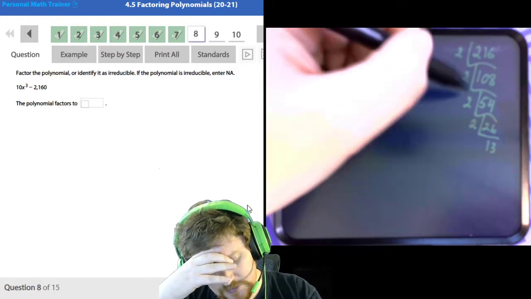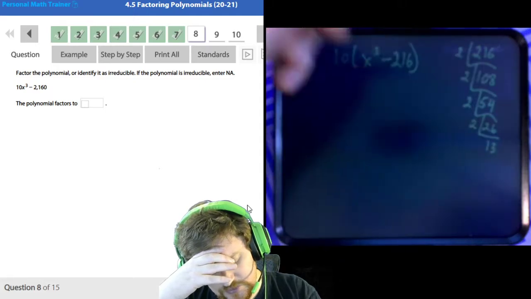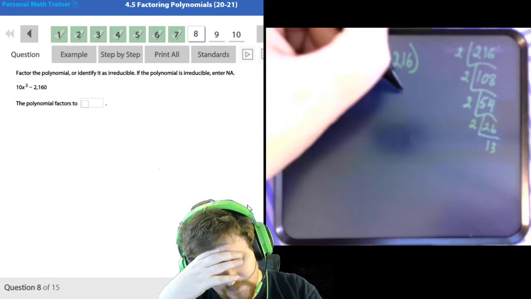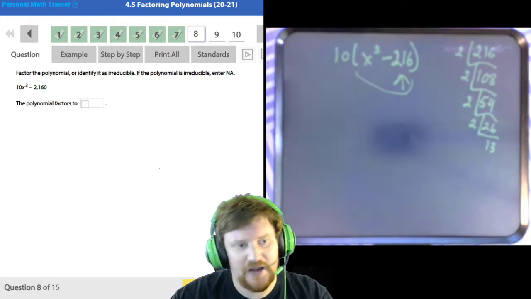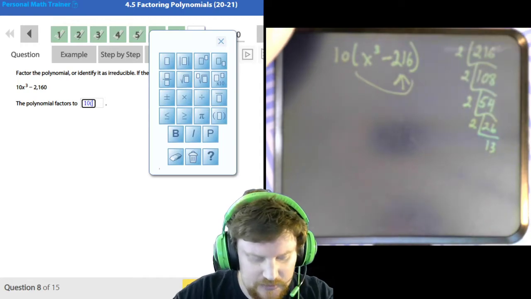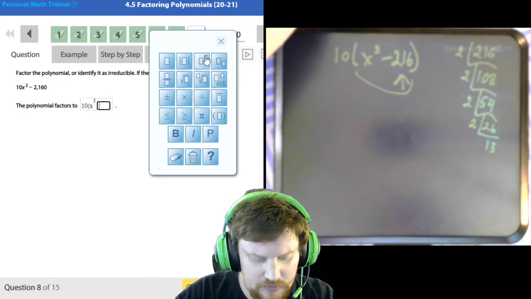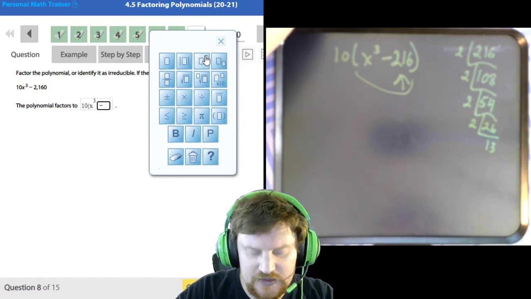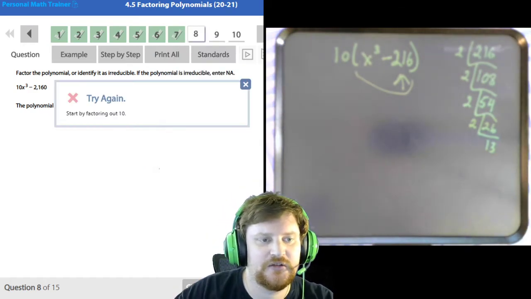So yeah, it's 2 times 2 times 2 times 2 times 13. So this is not a perfect cube. So because of that, this isn't going to reduce, but I can still pull the 10 out. So I get 10 times x to the third minus 216. That should be all the further this factors.